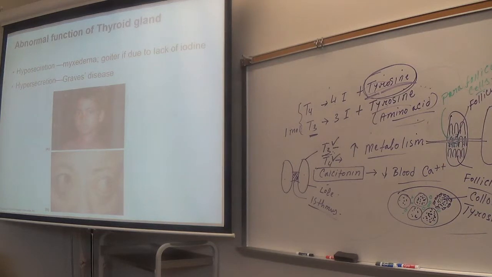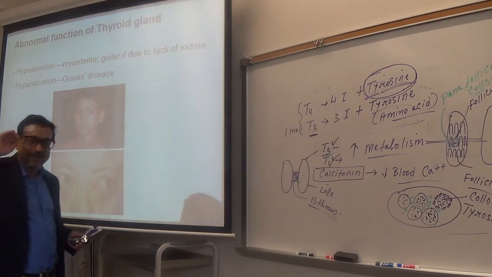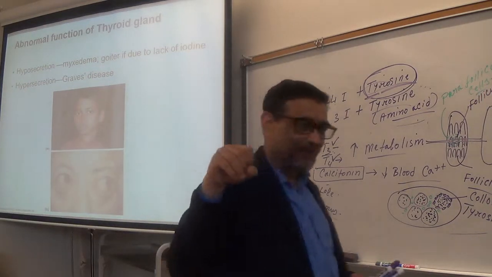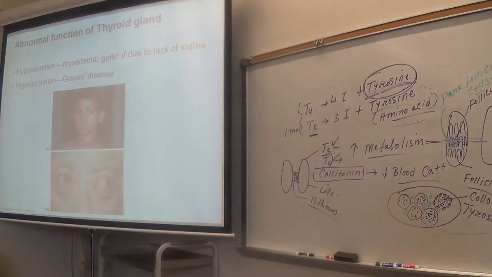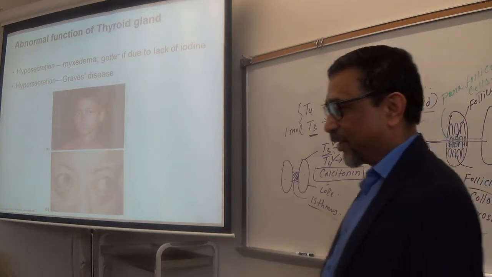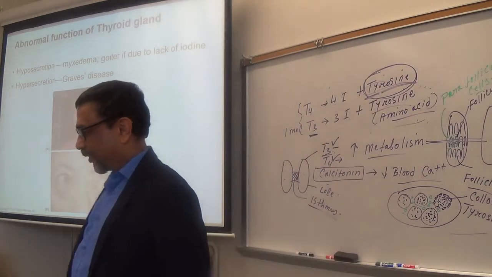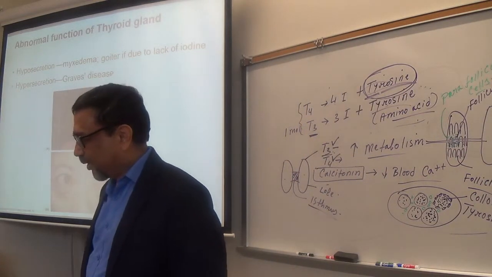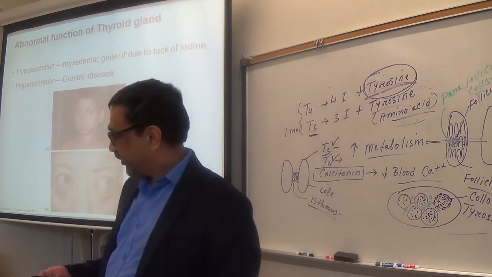Your eyeballs are here, right? So in the posterior of the eyeball, fat accumulates. So that will push the eyeballs outwards. Make sense? So when you look at that patient, you will see the eyeballs are big, coming out. That is a sign of Graves' disease.